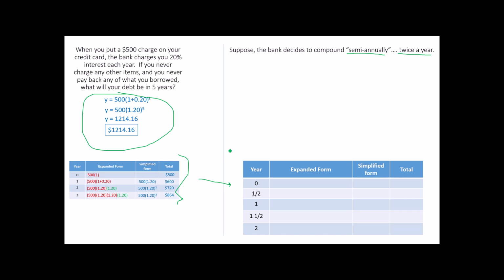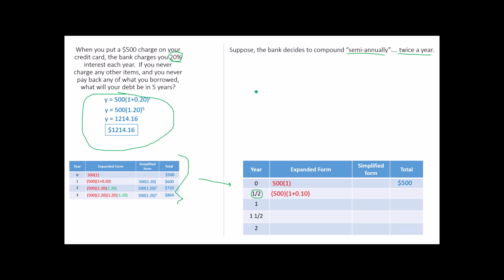You see, just like before, they're going to charge us $500 because that's what we borrowed. So at the beginning of the problem, we owe them $500. And they're going to charge us 20% per year. But instead of waiting till the end of the year, we're only going to go out half a year. Well, since we've gone out half a year, they can't really charge us 20%, so they charge us half of that.